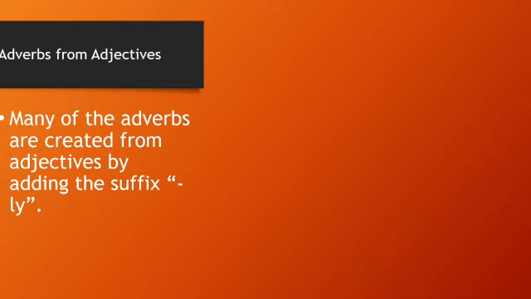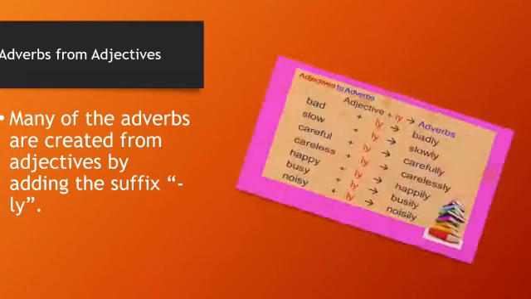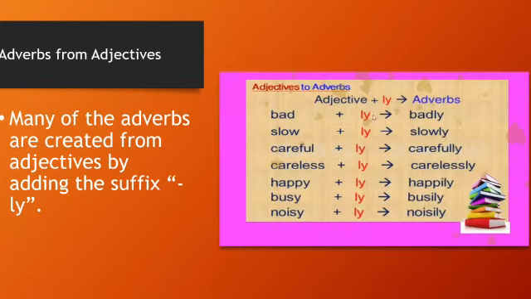So it's simple for you to add ly to the adjective and we have another adverb. Here are the examples. Bad plus ly, badly, slowly, careful to carefully, careless to carelessly, happy to happily, busy to busily, and noisy to noisily. So this is the simplest way to create new adverbs from adjectives.